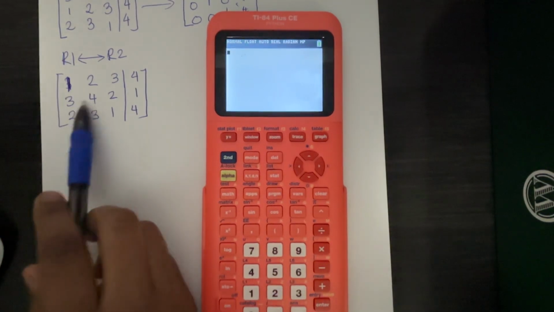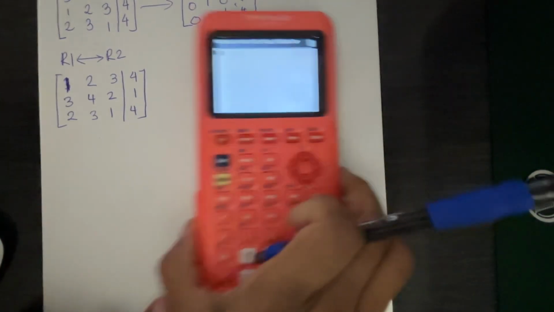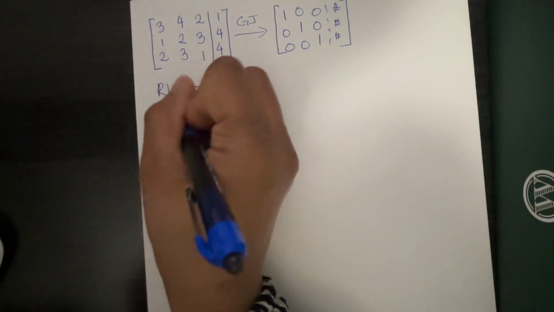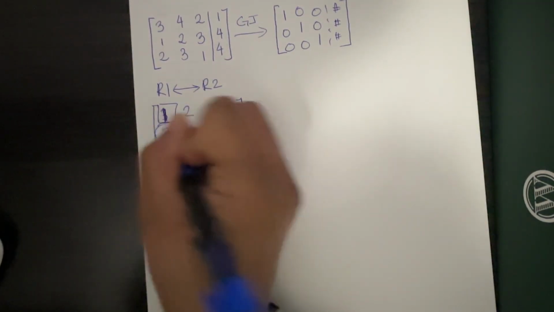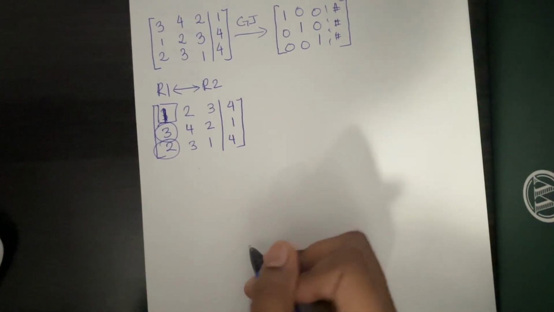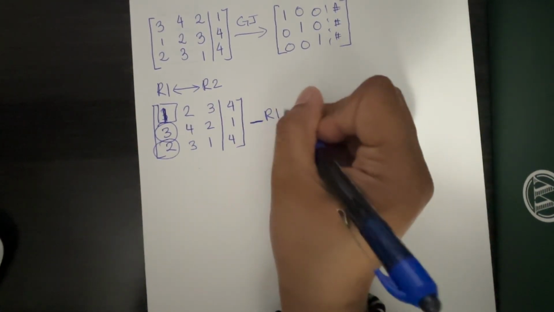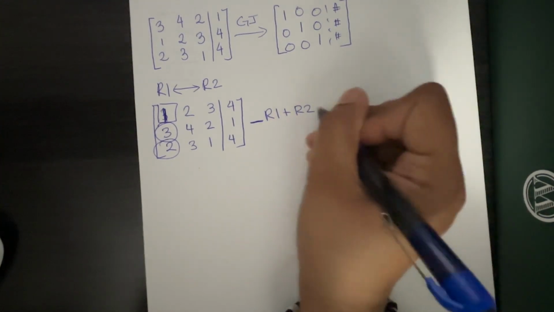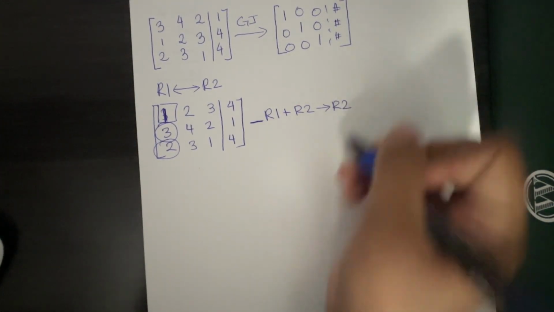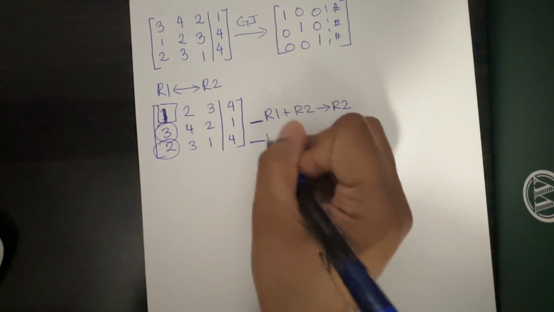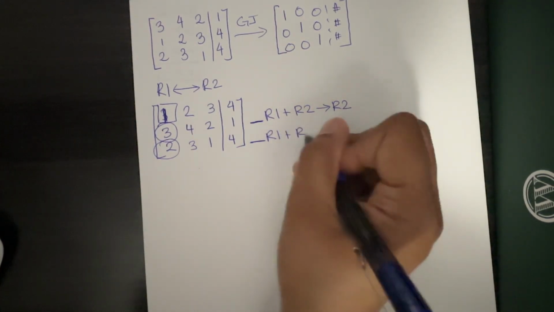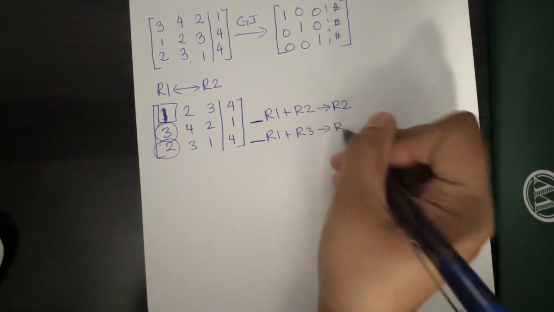Now let's see what are the row operations we need. So I'm just going to move this out of the way. Well, this is my pivot, and I'm going to zero this out and zero this out. So I multiply the first row and add that to the second row to get my new row 2. And then I'm going to multiply something to row 1, add it to row 3 to get my new row 3.